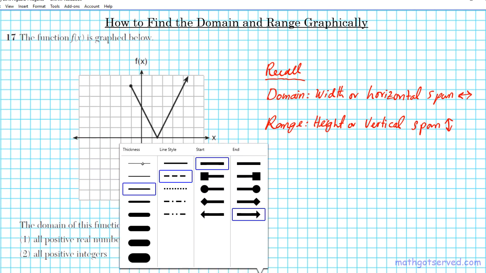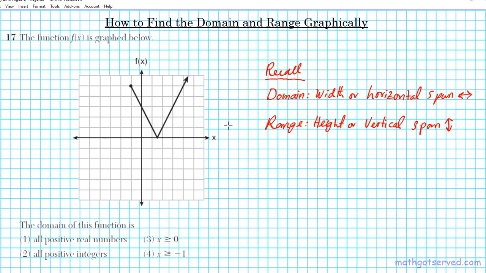Let's make our arrow pretty thin. For the domain, we're going to project this graph onto the x-axis. What does that mean? You go straight down from the starting point, a line perpendicular to the x-axis. That's a straight down projection. And then this one will be projected straight down too.